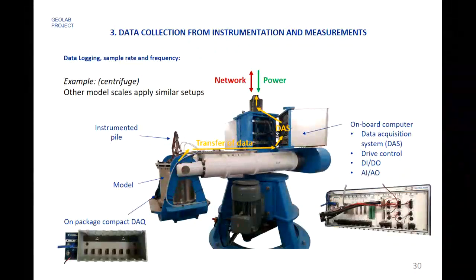So, for instance, for a dynamic record in our centrifuge, we have a memory which is in the basket, and then we read the memory and collect the data in the control room after the test.